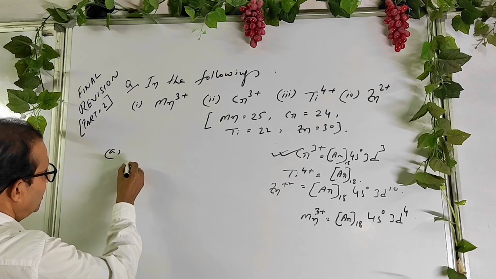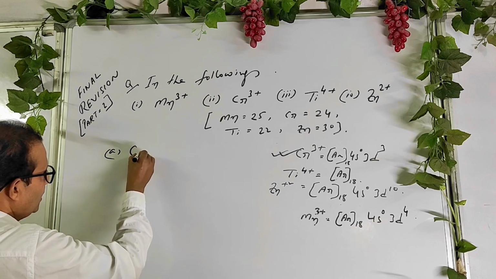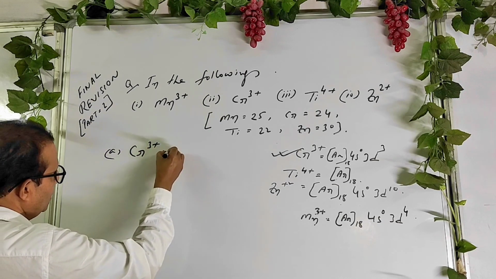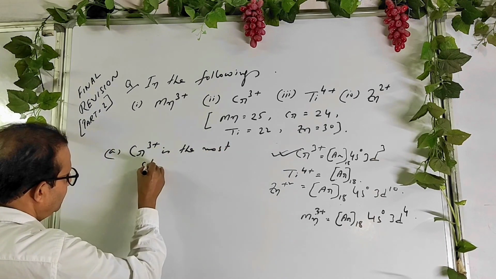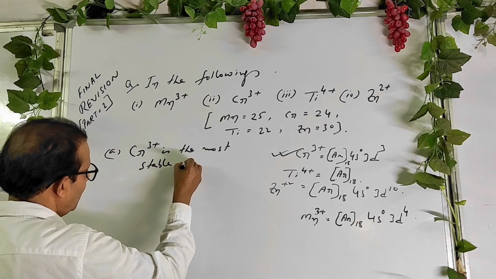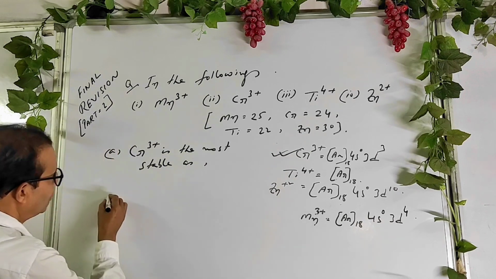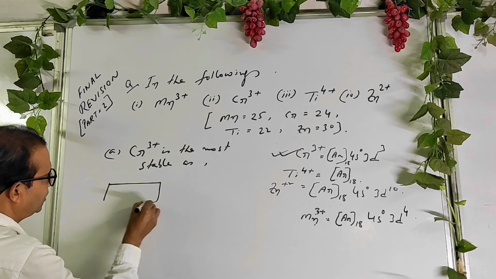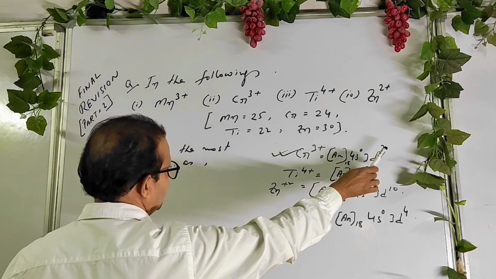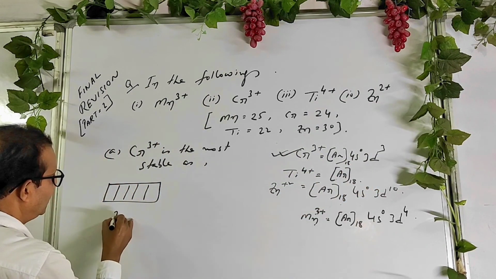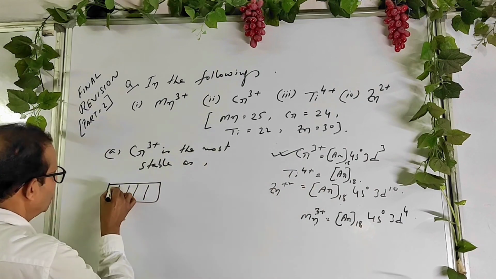Why? So write the answer: Cr3 positive is the most stable, as if you draw according to crystal field theory, the 3d orbital contains 3 electrons.